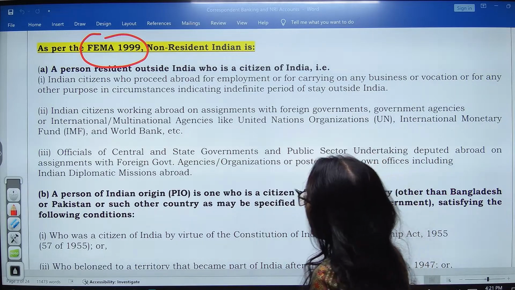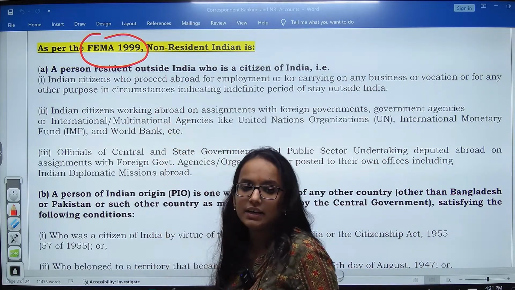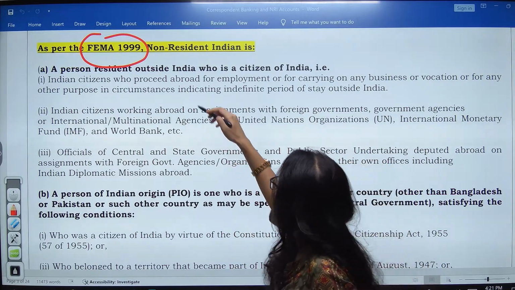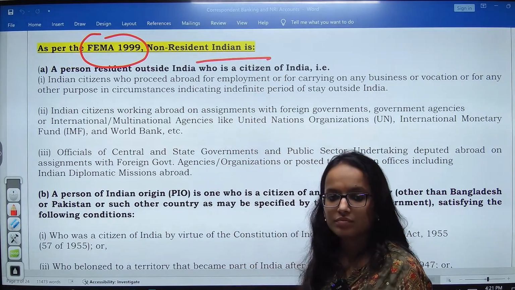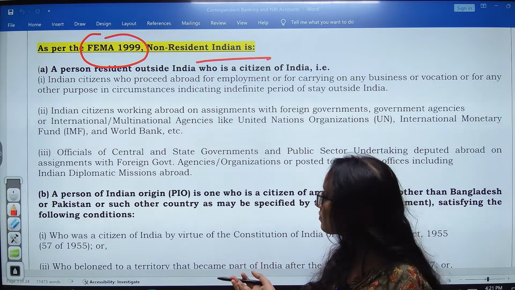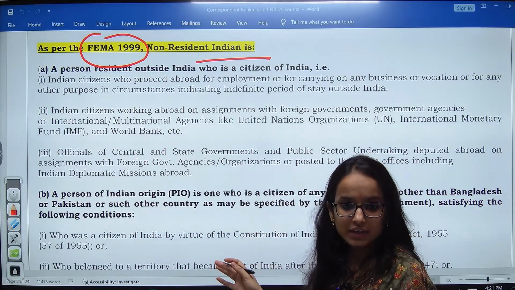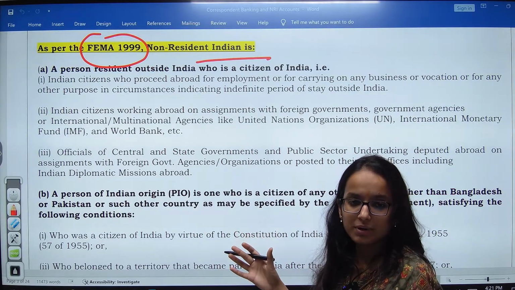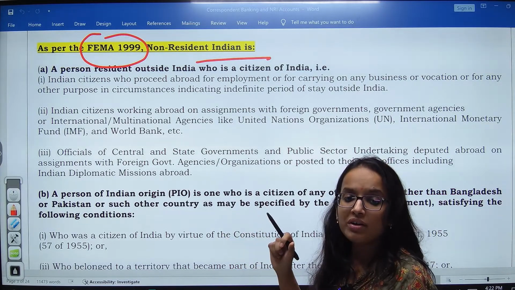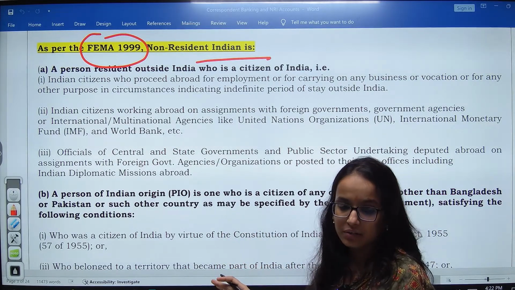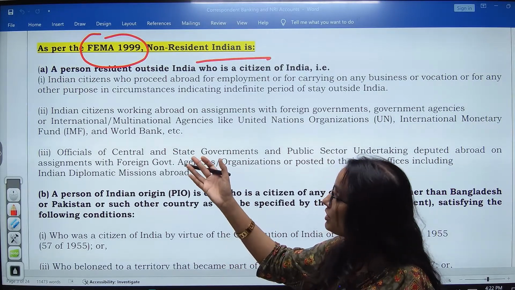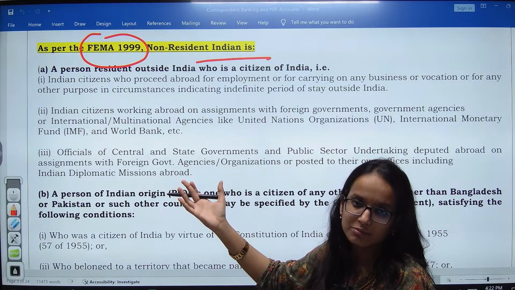So we are looking at all the criteria mentioned there under the Foreign Exchange Management Act to classify an individual as a non-resident Indian. These will be different from the earlier ones because these are mentioned in your FEMA.